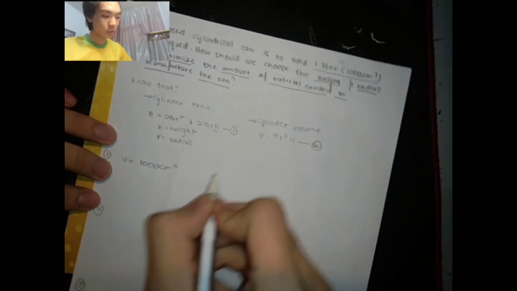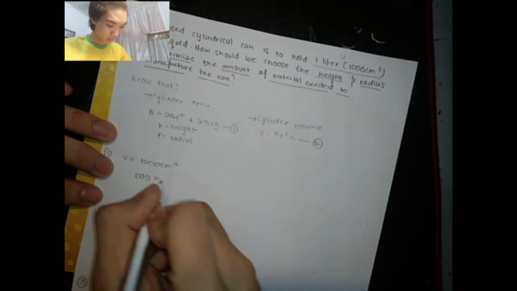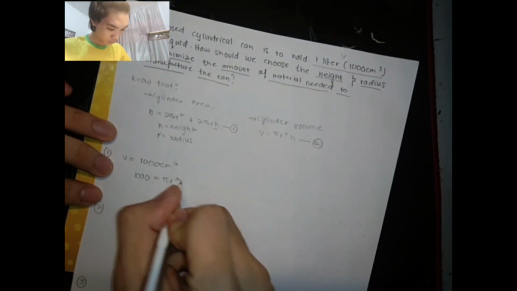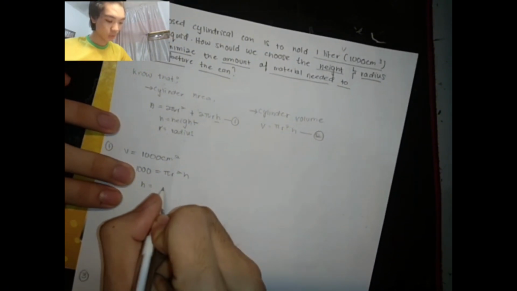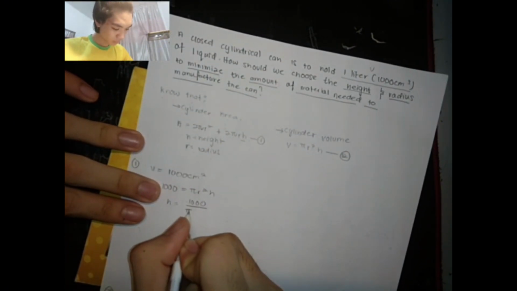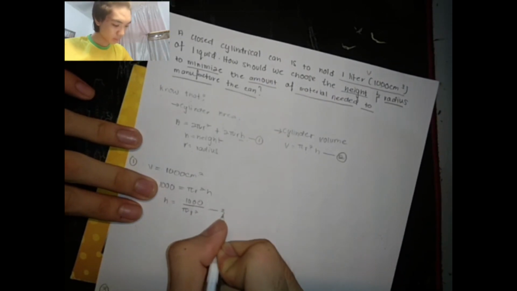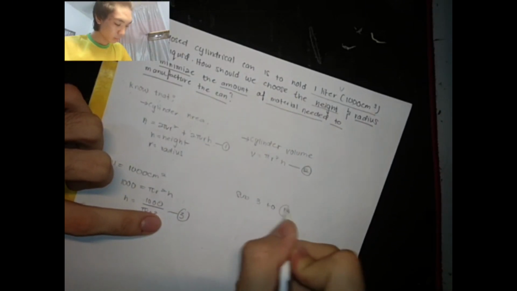So we can substitute this amount into the cylinder volume, which is 1000 equals pi r squared h, and we can make h the subject, and we got 1000 over pi r squared. This is our third formula. So we can substitute formula 3 into 1 because it has h right here.